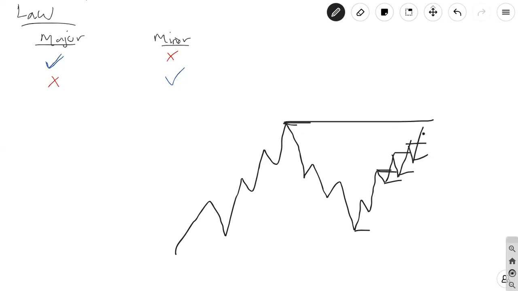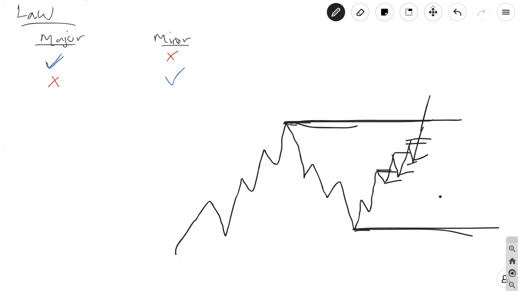But when the major structure is broken, we're not allowed to trade the minor structure, because then the price needs to consume all the liquidities of the whole structure. So you have to consider the whole structure and not just the minor.